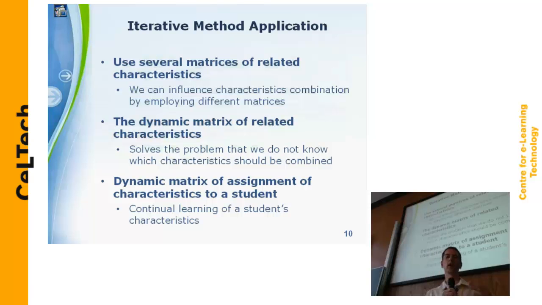It means that as soon as a particular group finishes their task solving, it's possible to update both input matrices. It means that we can use dynamic matrices of related characteristics, which solves our problem where sometimes we do not know which characteristics should be combined together. Also, it's possible to use dynamic matrices of assignment of characteristics to students. It means that we can continually learn students' characteristics.